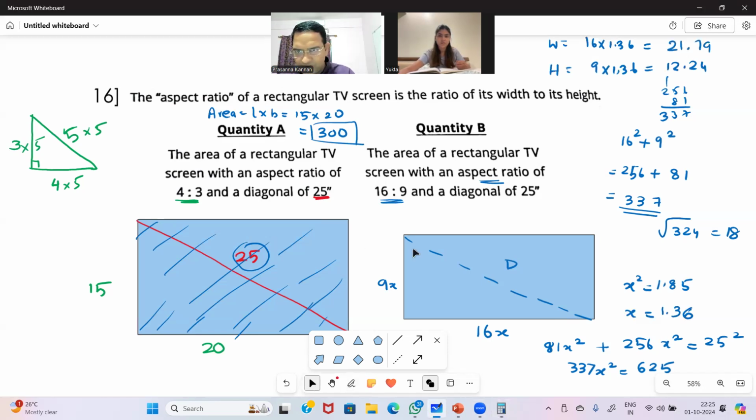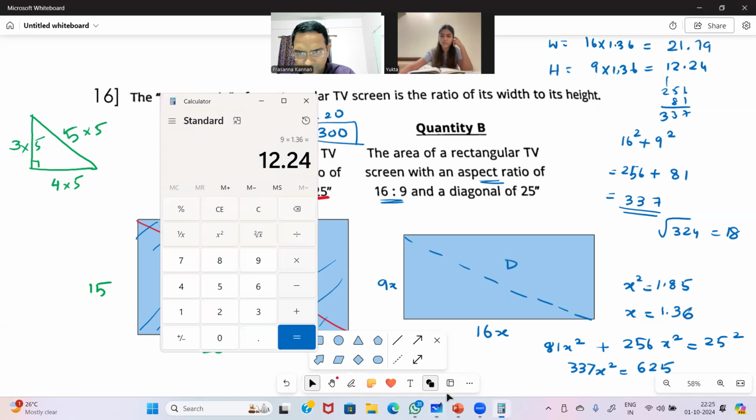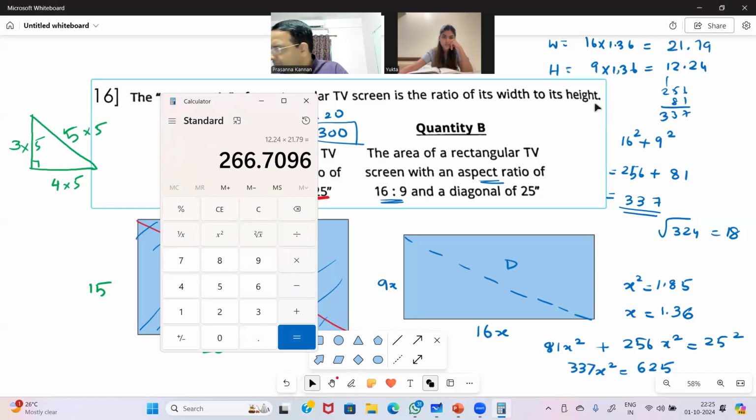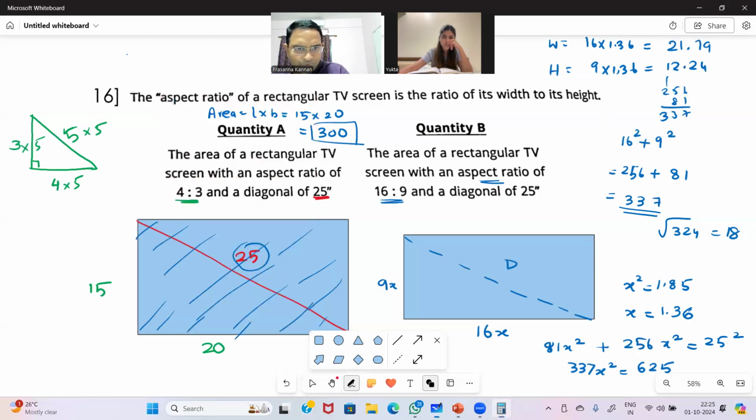Now I multiply these two to get the area. So it is 12.24 multiplied by 21.79. So 266.8, correct?